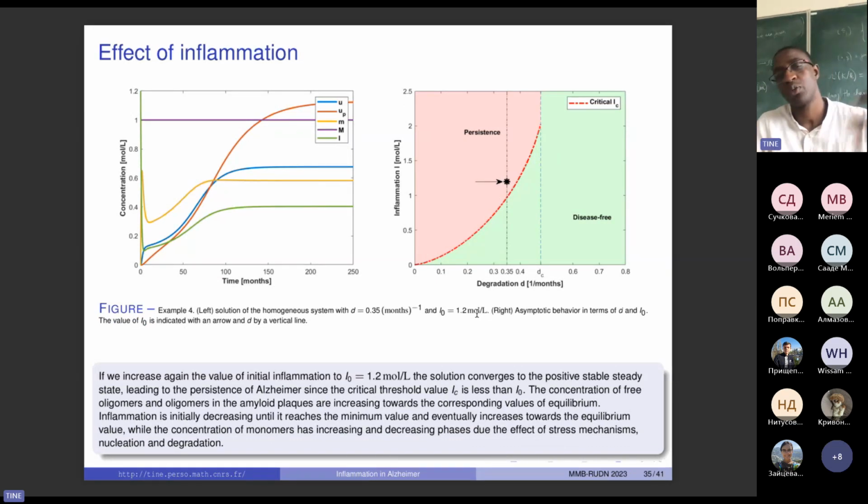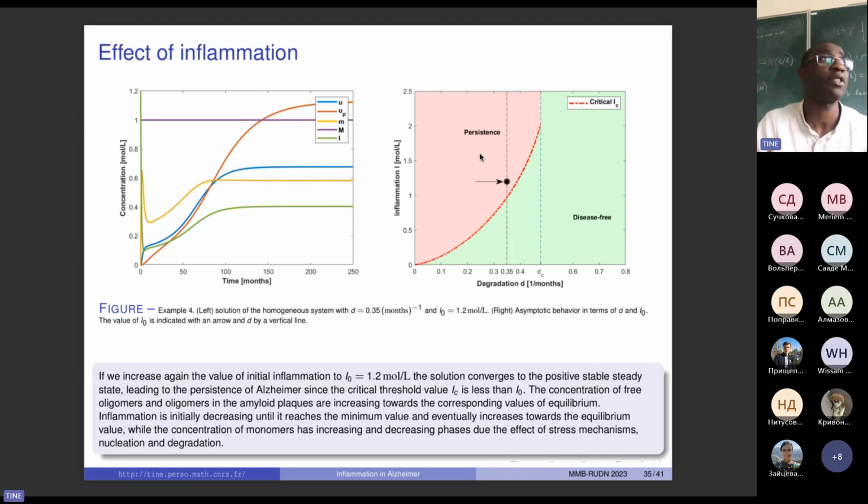So we do another test, to increase I0 again. Here we are now in the persistency, and you see that the dynamics change totally. We do not converge toward the disease-free equilibrium, but we converge toward a positive equilibrium.